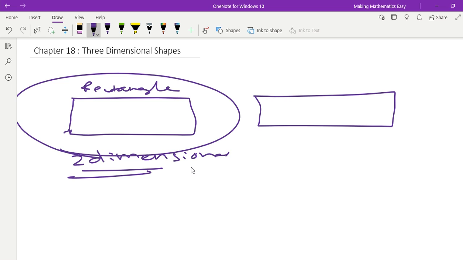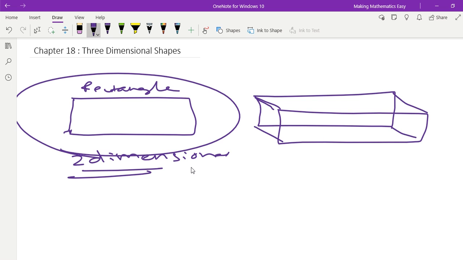Now if I draw this something like this, and if I join the vertices like this, you can see a box-type diagram in the shape of a rectangle, correct? So this is called a three-dimensional shape or three-dimensional figure.